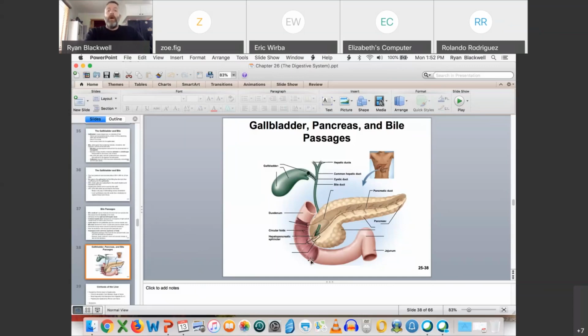Okay, so next, now that we talked about hydrochloric acid and pepsin production in the stomach driving protein digestion, and bile production and secretion from the liver aiding in fat digestion through emulsification, let's take a look at the four digestive enzymes produced in the pancreas.